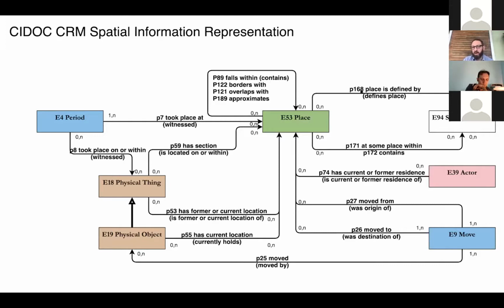So now we have these new properties for places defined by and having some place within or contains, which are properties that are trying to let you connect to data values you create in a GIS to give much more accurate data values to places that you're talking about. So I won't get into the rest, I'll just highlight that difference.